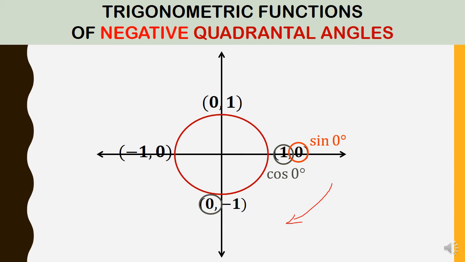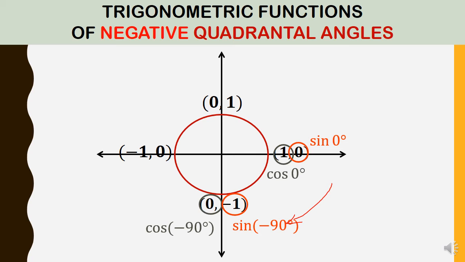So this 0 here is cosine of negative 90 degrees. Okay. Take note that I'm enclosing it in parentheses so that will be clear that we are referring to a negative angle. Okay. And then the negative 1 for the y coordinate of that is sine of negative 90 degrees.